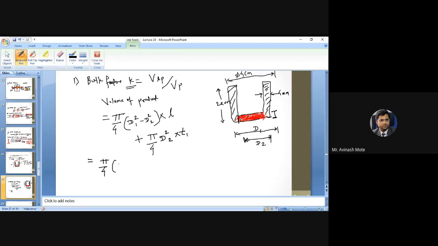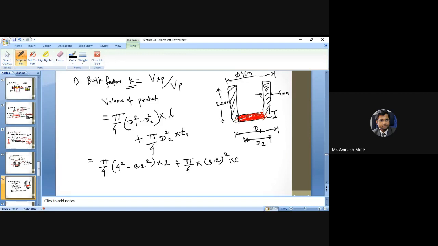The larger diameter 4 centimeter, 4 square minus smaller diameter, 3.2 square, and length is 2 centimeter, plus pi by 4 t2 square, means 3.2 square, and wall thickness is given as 4 millimeter.